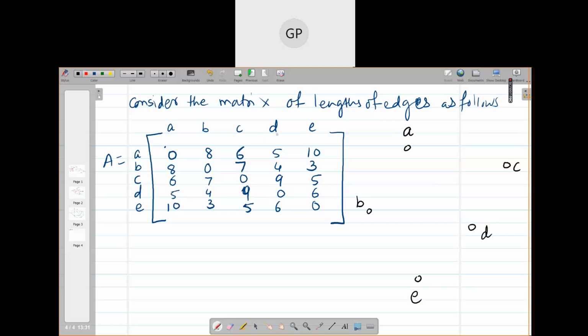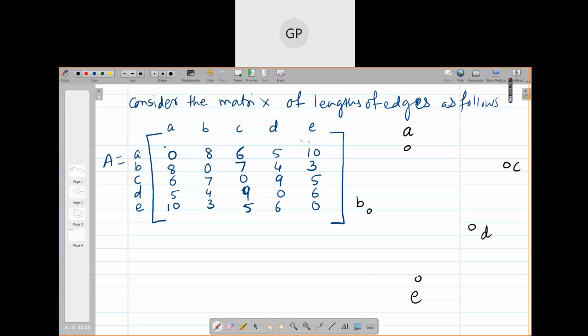Are you ready, girls? It's very easy. According to the graph also you can see. Whatever graph you have drawn, you can see that simultaneously. Girls, are you listening to me? Yes, ma'am.